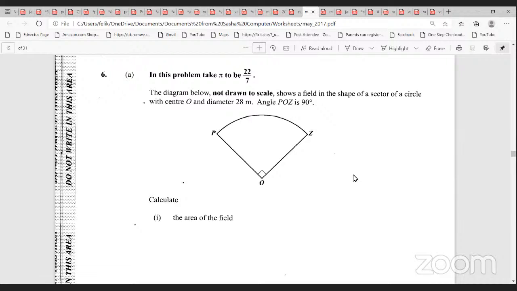So I give you 2 minutes just to read through the question for yourself and think of the strategies that you would use to solve the question. So which formula do I need, and what do I need to solve this question? I give you 2 minutes to do that, and then we go through the solution.